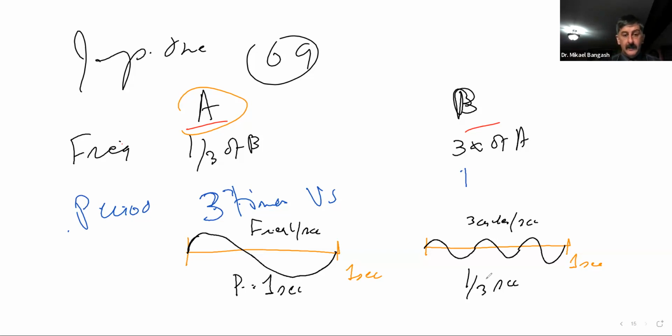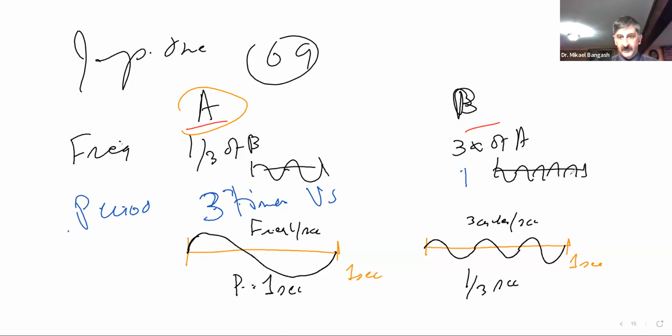But if you say this was too obvious, it doesn't matter. You can say that A, for instance, had a frequency of 2 cycles, and B is 3 times that, so 6 cycles.